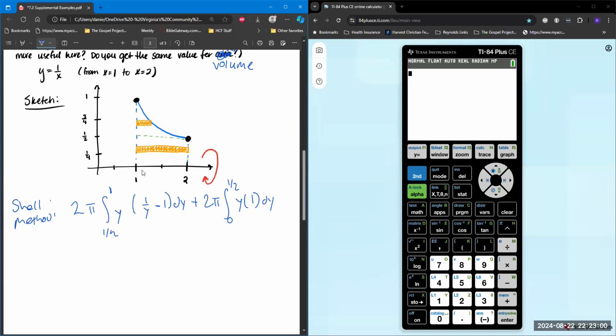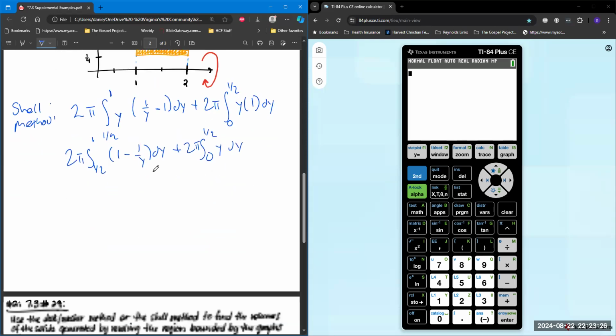It's like if I shifted it down 1. So anyways, this is y times 1 over y is 1 minus 1 over y dy. It's 2 pi integral 0 to 1/2 y dy.